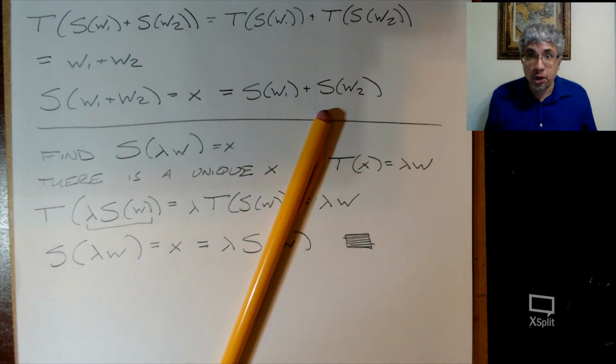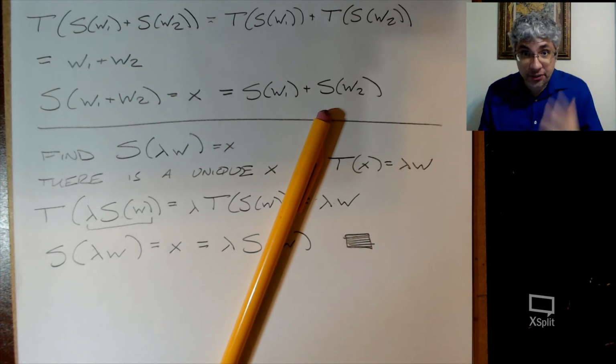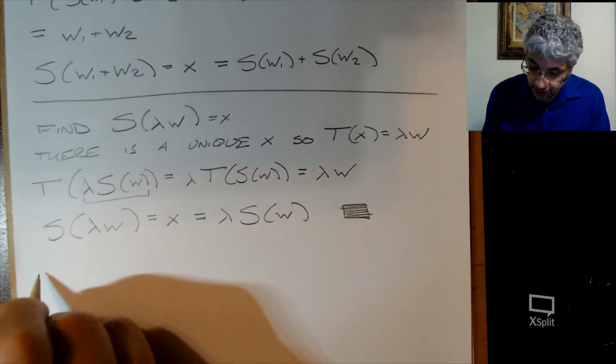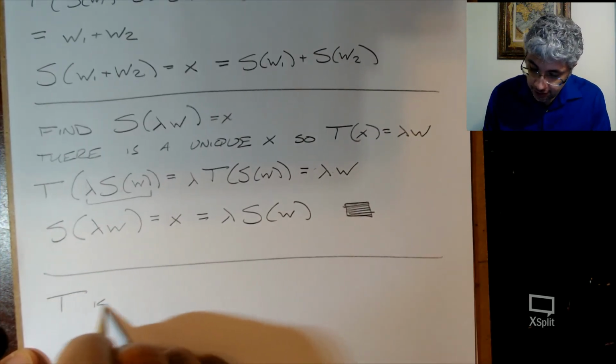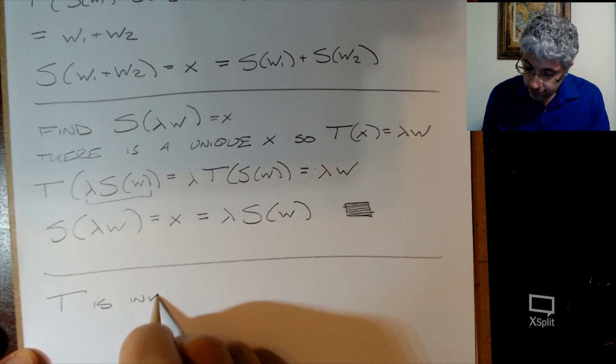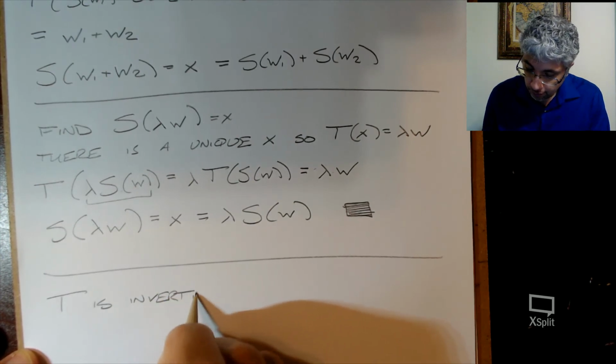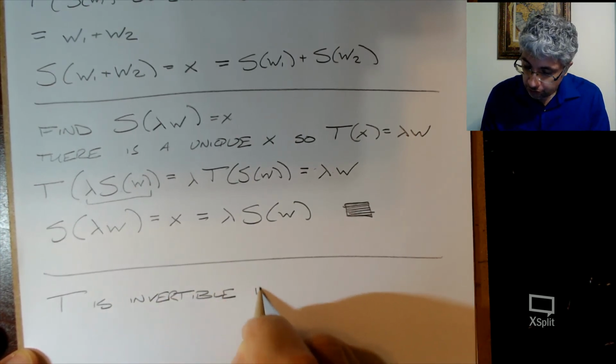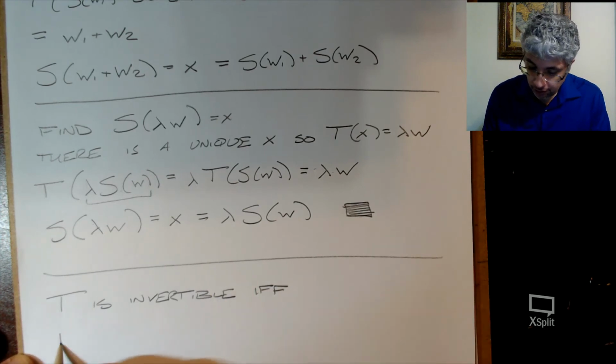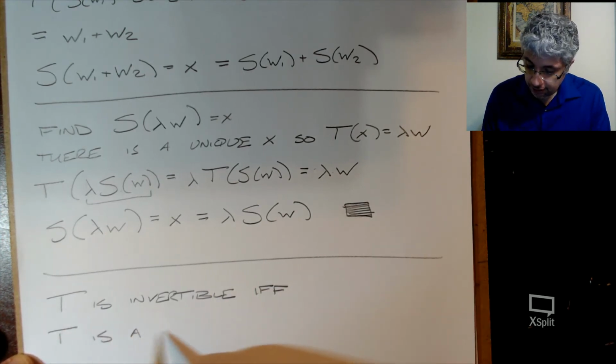So that was a long proof because we had a lot of different things to show. But we can put it all together now and say that T is invertible if and only if T is a bijection.